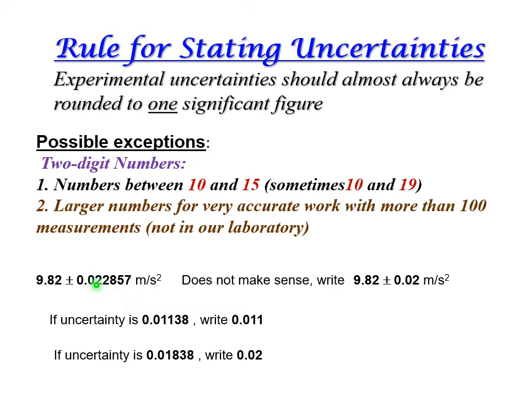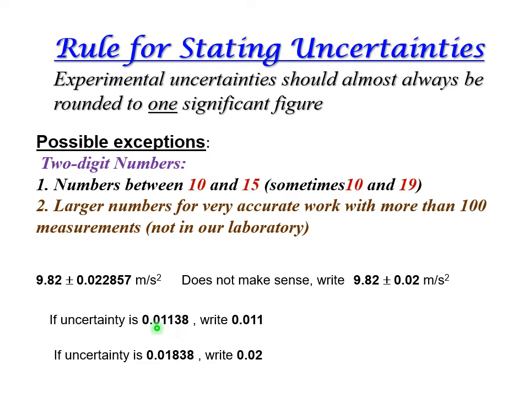It's coming from a calculator, but it doesn't make sense. You do not know the error with such precision. You should round it to a one-digit number, which will be simply 2. So you're writing 9.82, same way, plus minus 0.02 meters per square second.